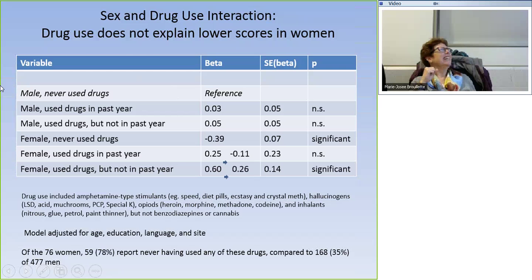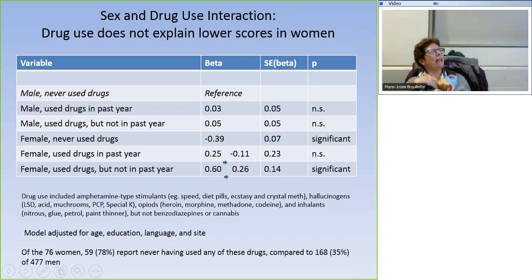What you do is a test of interaction. You present the data as men using drugs and women using drugs. If you pick men who never use drugs as a reference, men who use drugs didn't make any difference. Men who used drugs in the past year didn't make any difference. So, don't broadcast that widely. Of course, it's adjusted for age, education, language, and the site of administration.